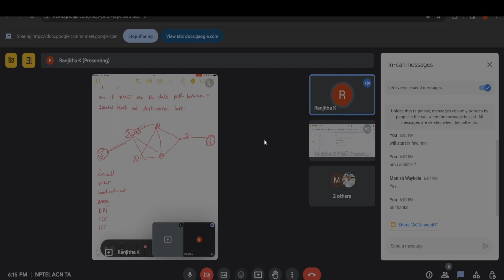All these devices are custom built hardware devices. Their functionalities are very specific to what the device is meant to do. So we won't be able to use these devices across. If you get a firewall and try to get an additional functionality from it, it is not possible. So they are custom built hardware devices.